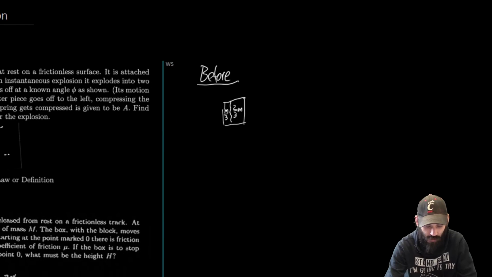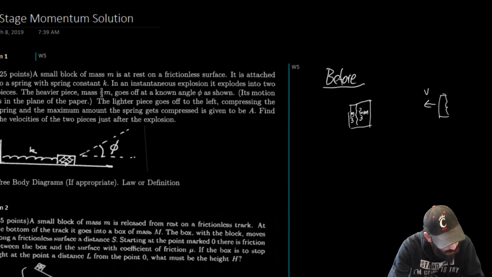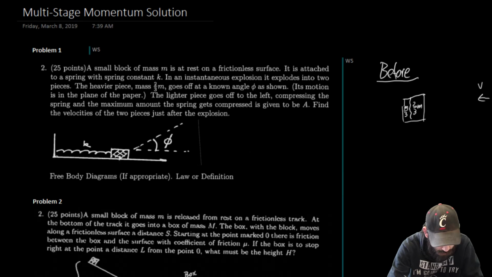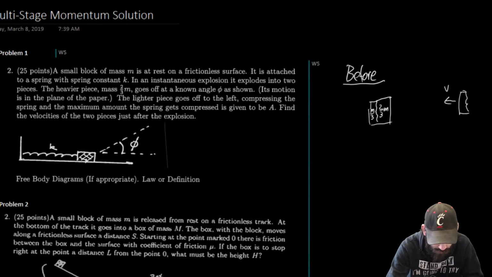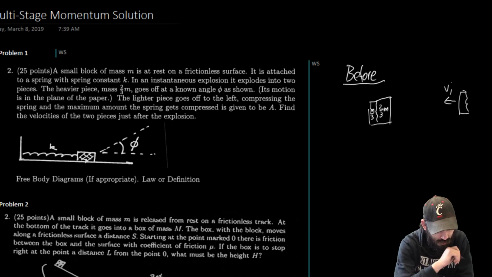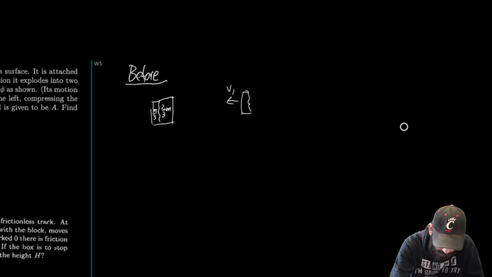Right after the explosion, we have some velocity, v1, and then we have this one right here that is going to fly off at some velocity we'll call v2.